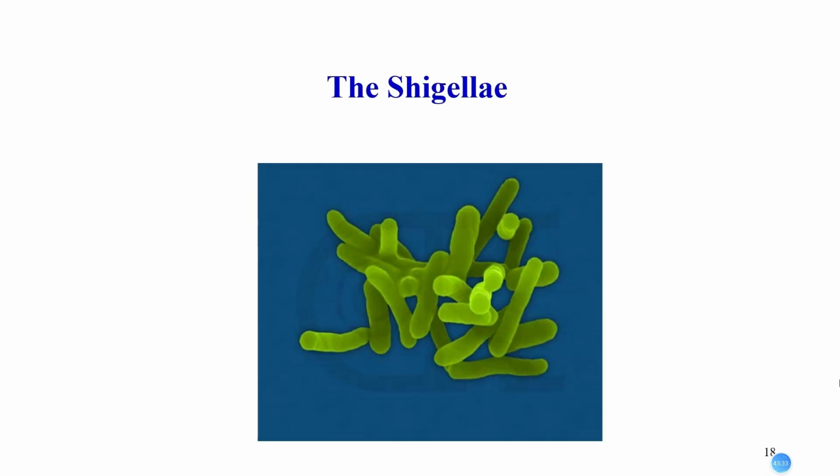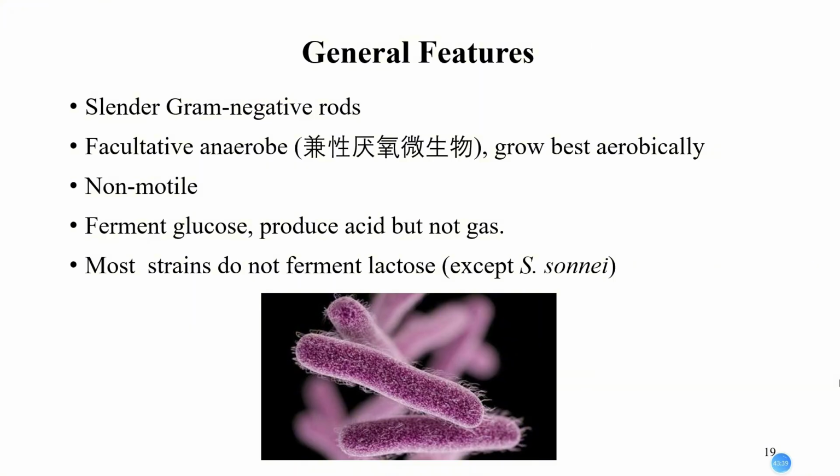Okay, the second pathogen we want to introduce is the Shigella. See this picture, it's a slender, okay, slender means thin, and it's also gram-negative rods. And they are facultative anaerobes, but they grow better in the presence of oxygen.